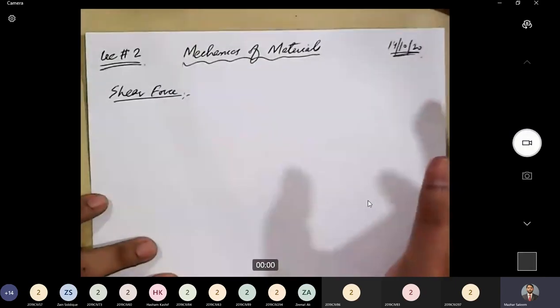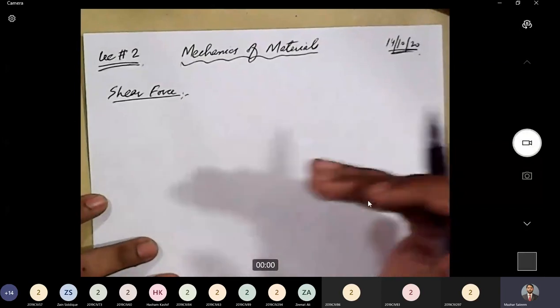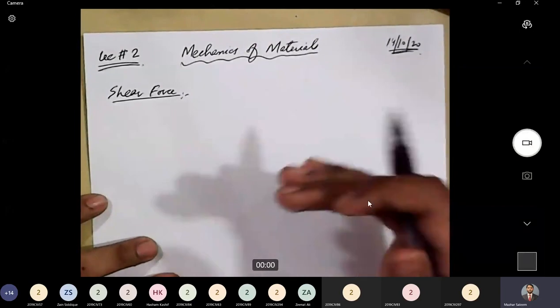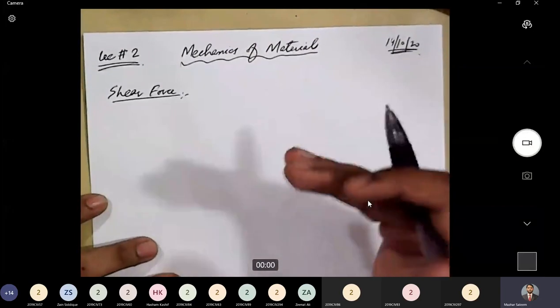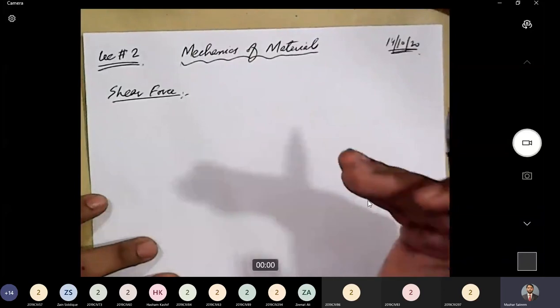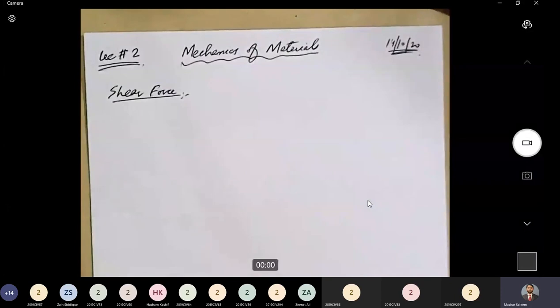If I give you a beam and I ask you to calculate shear force at a particular section, then how will you do that? First, we'll see that theoretically, and today we will be performing at least 2 or 3 numerical problems about shear force and bending moment calculations. Then you guys will become more clear about that.